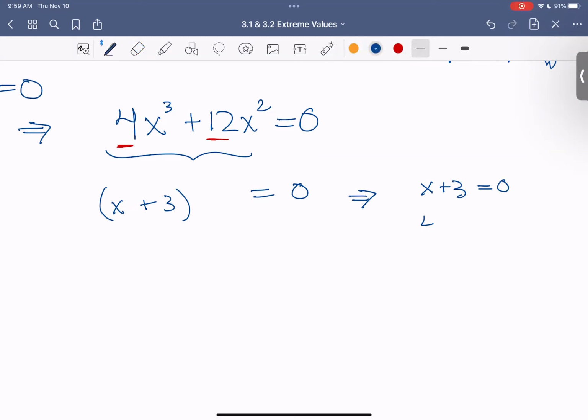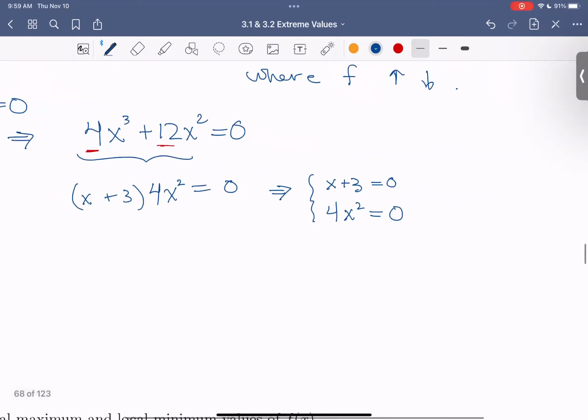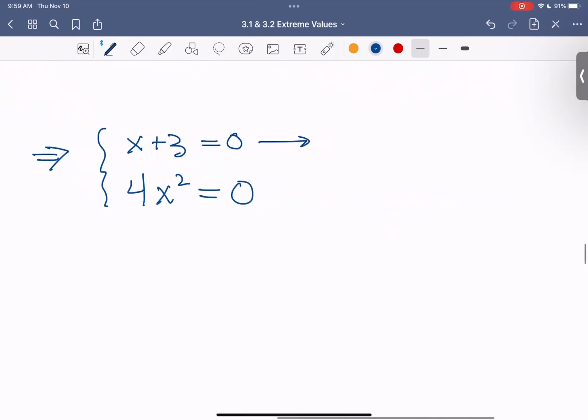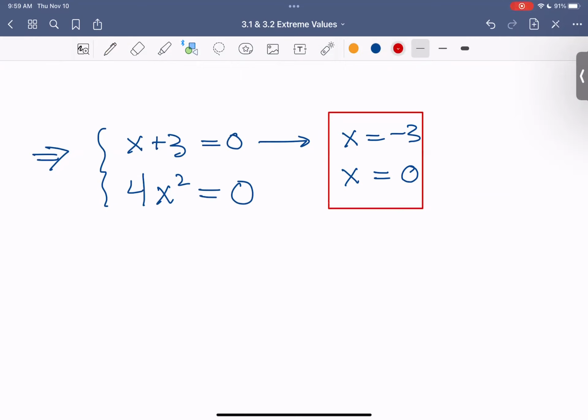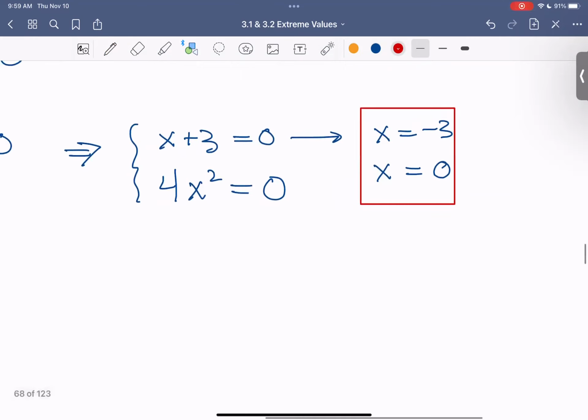I factored out a 4 also, didn't we? 4x squared. Let's double check. Yep, that looks good. So we get two situations: when x plus 3 is equal to 0, or when 4x squared is equal to 0. In the first situation, x is equal to -3. In the second situation, x is equal to 0. So we have 2 solutions for where the derivative is equal to 0.